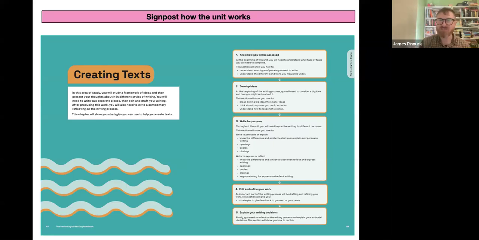I just want to run down what's going to happen in this unit on turning points that we're doing in year 11. By the end of this unit, you're going to produce a workshop piece and a piece in response to a stimulus. And in order to get there, we're going to go through these steps.